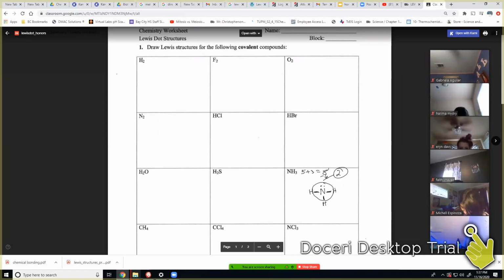Hydrogen is going to be on the end, and helium would only have 1 bond anyway. Well, let's do one with the halogens, because they usually have 1 bond. They'll have lone pairs around them, but usually just 1 bond. So what do you want to try? This one, CCl4.